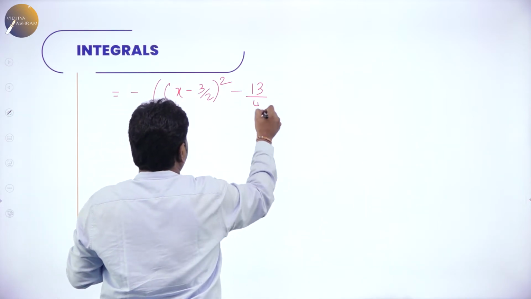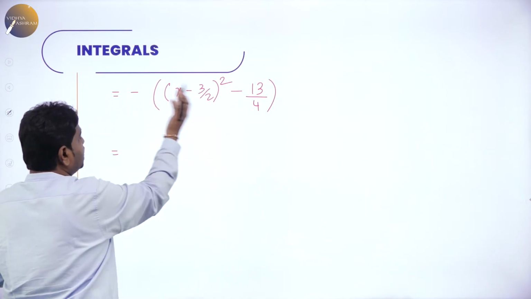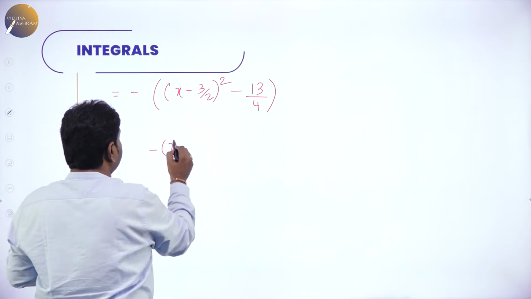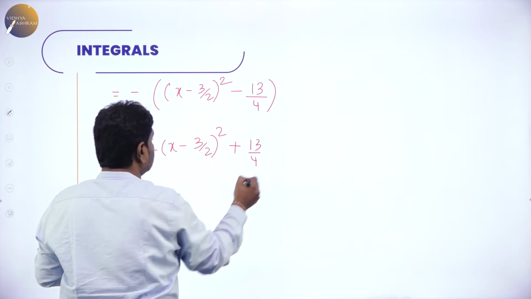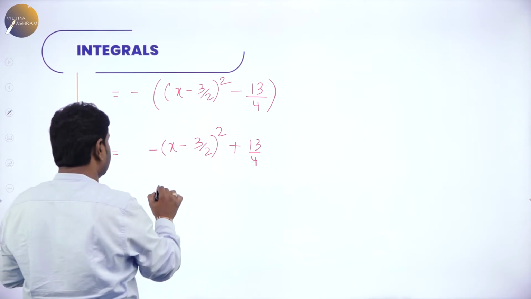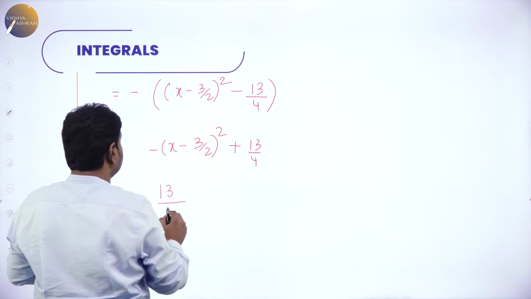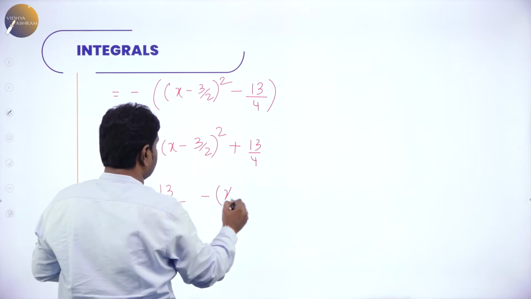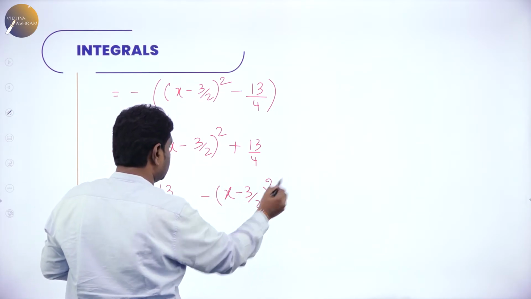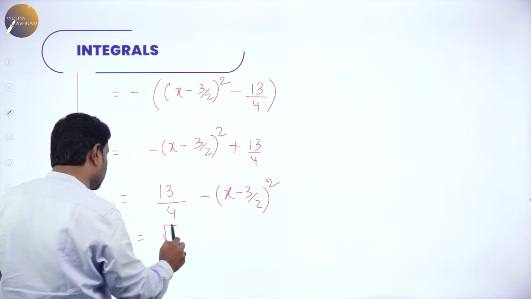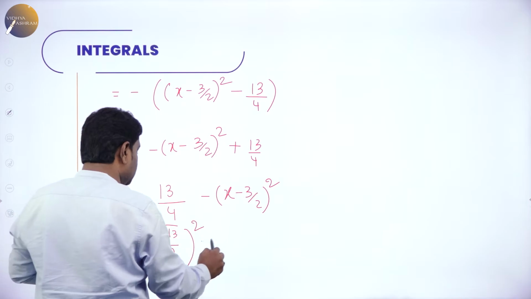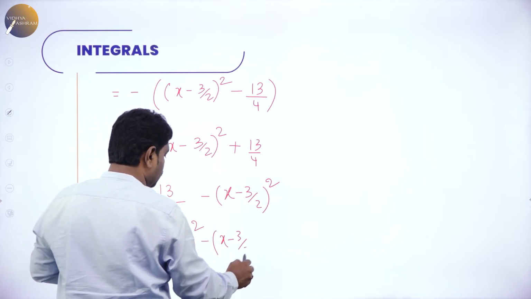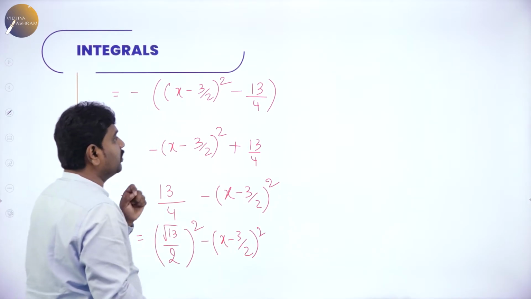Further take minus inside. So it will become minus of [(x minus 3 by 2) the whole square and plus 13 by 4]. Or you can rewrite it as, first I'll write 13 by 4, and then minus (x minus 3 by 2) the whole square. Or can I write it as root 13 by 2 the whole square minus (x minus 3 by 2) the whole square. So now the given problem reduces.